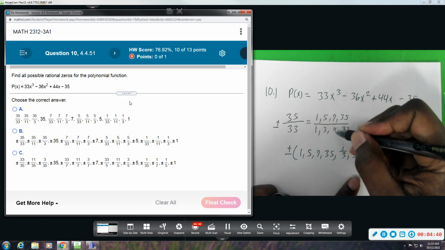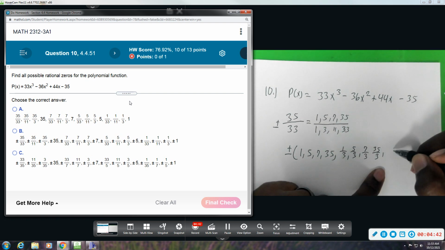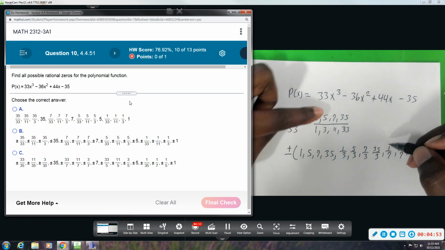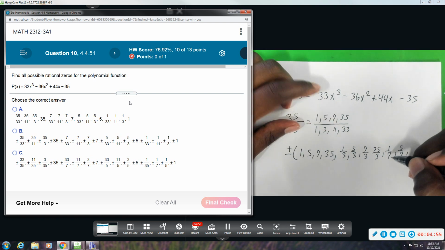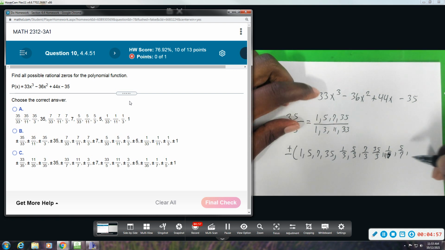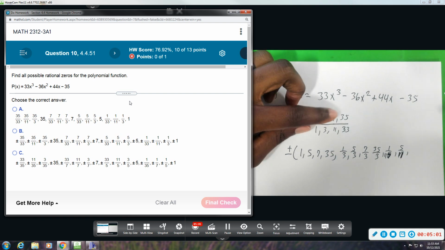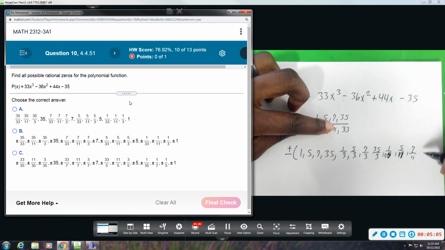Then we're going to do all of those by 11. Sorry, I'm doing this backwards now. So it should be 1 over 11, not 7. 5 over 11. Kind of flip that. 7 over 11. And 35 over 11.